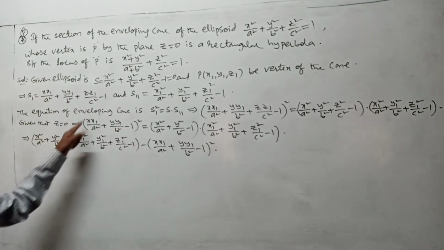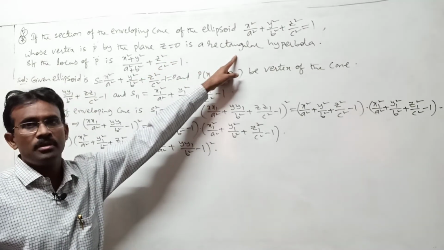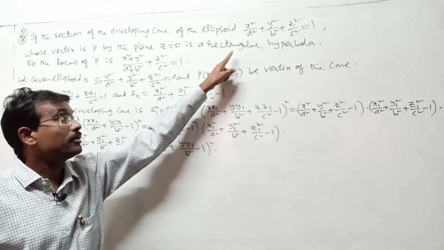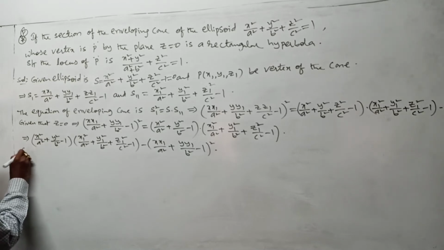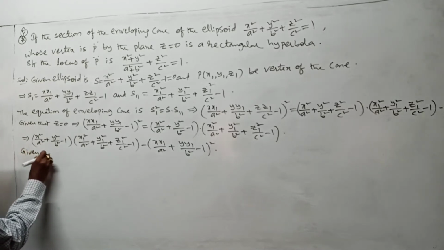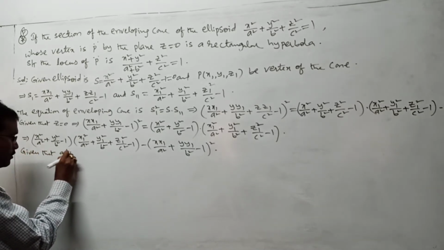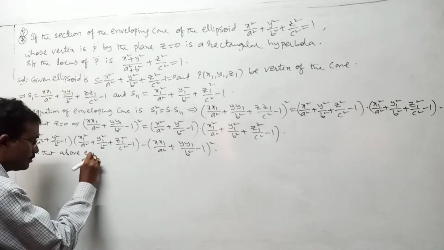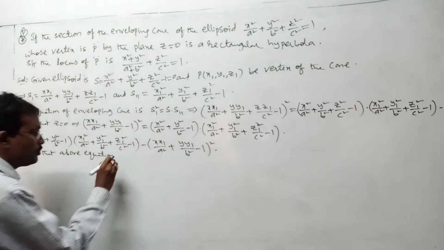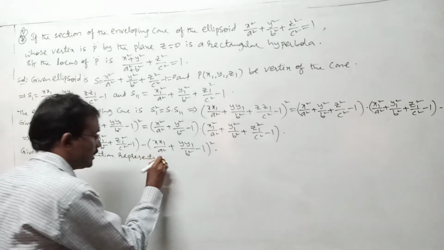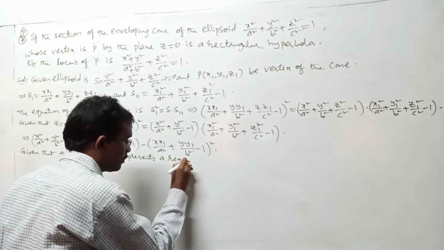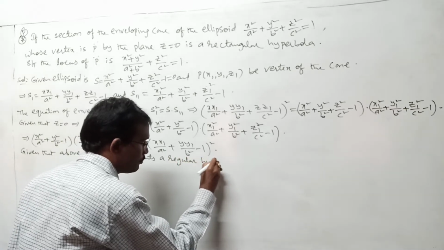But whenever you take z equal to 0, it should represent a rectangular hyperbola. Take that condition. Given that the above equation represents a rectangular hyperbola.